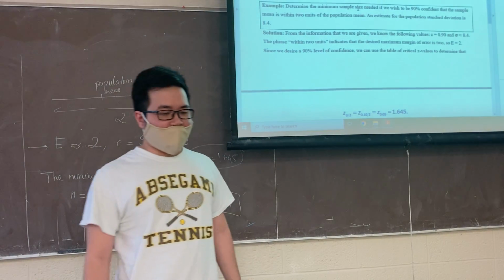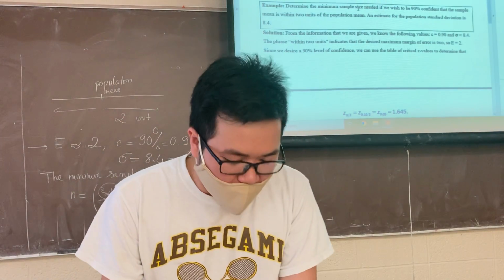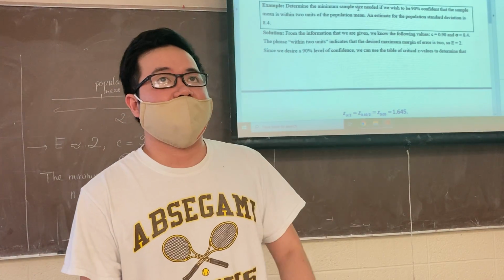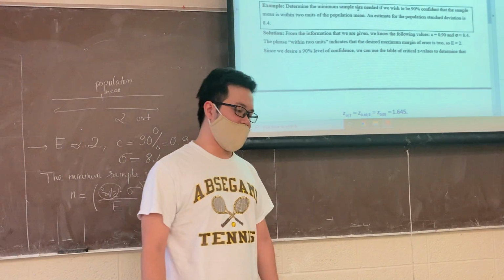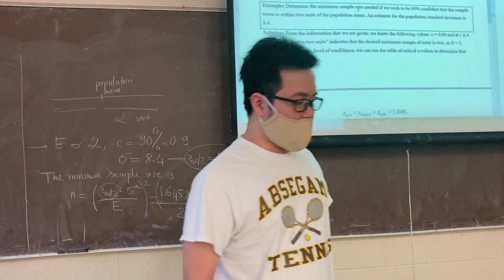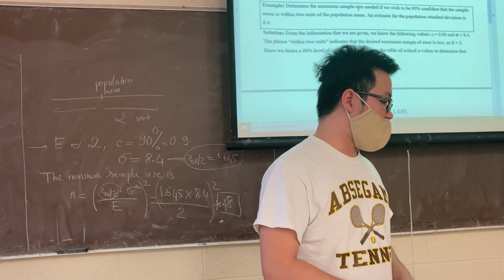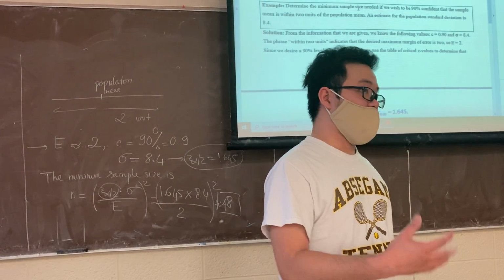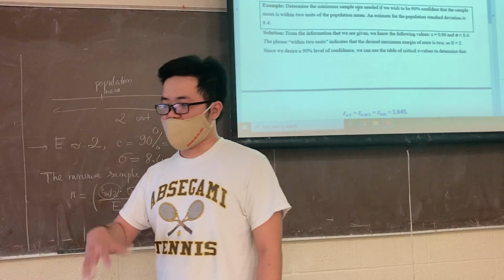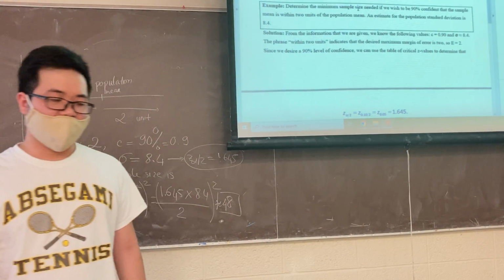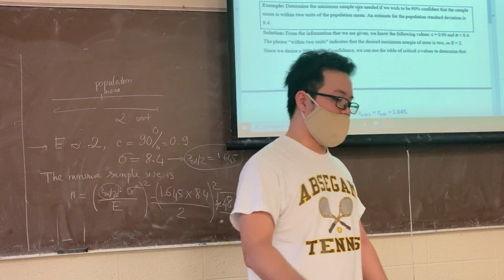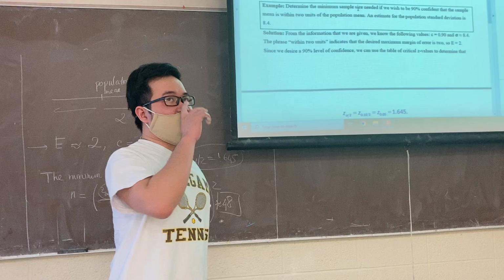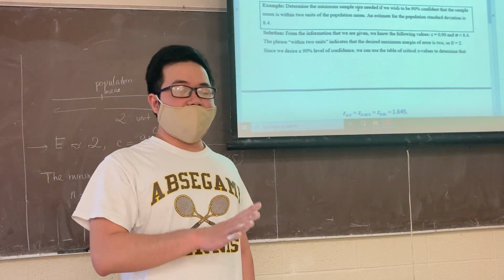Now we will move on to the next section, estimating the population proportion, which we use for qualitative data. For example, when you want to know the percentage of students at one state university using Instagram or Facebook or other kinds of social media, you should use the proportion.